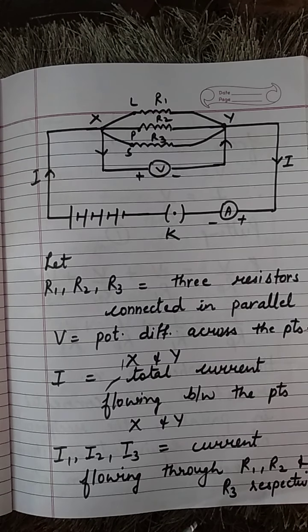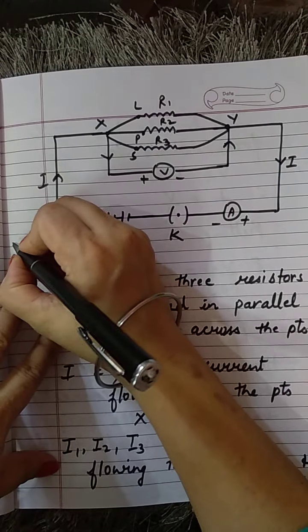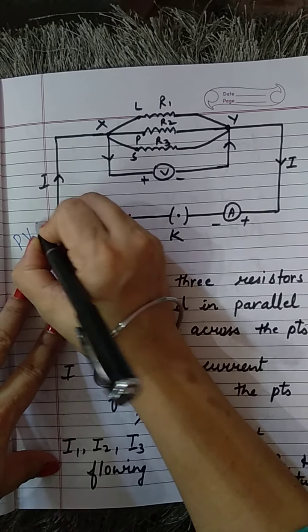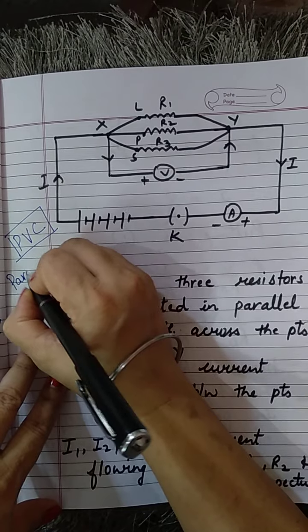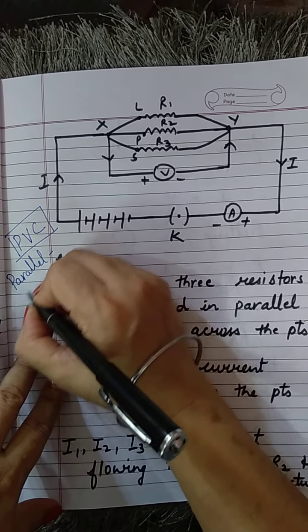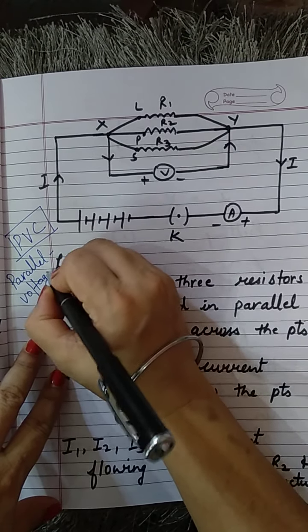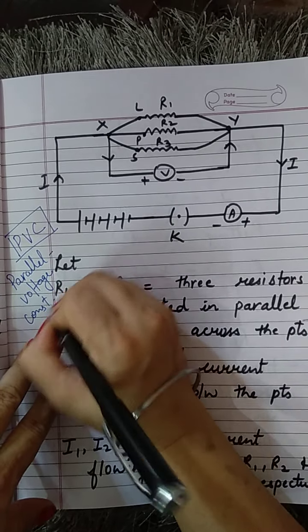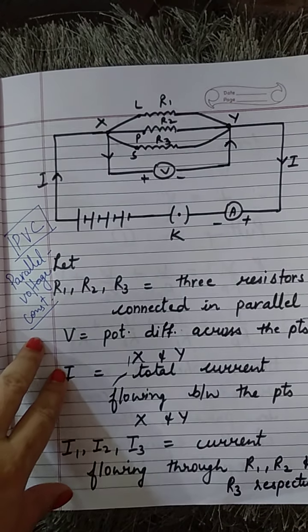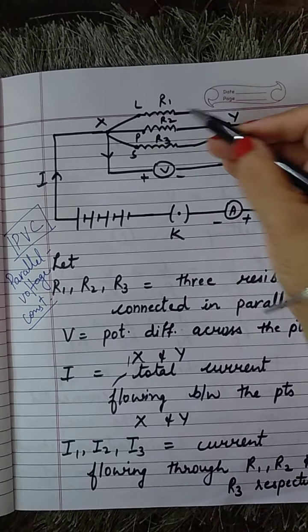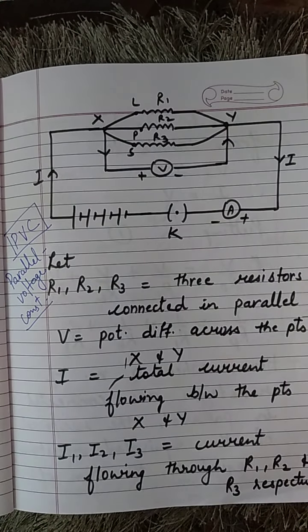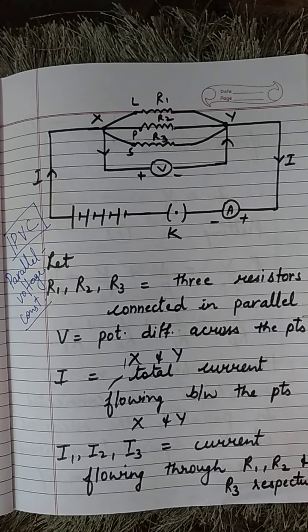Another thing: in this parallel combination, voltage is going to be constant. Voltage means potential difference. But the current is going to divide itself in all three according to the resistor weightage, according to the requirement.